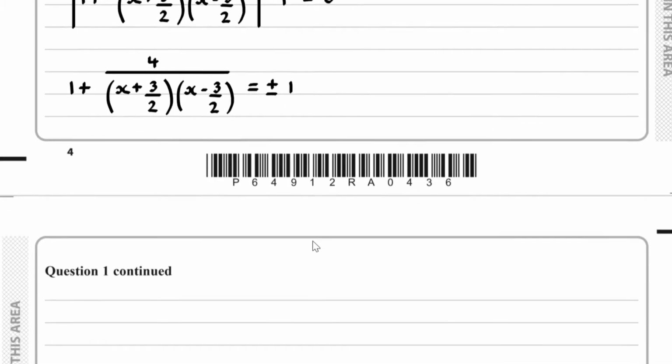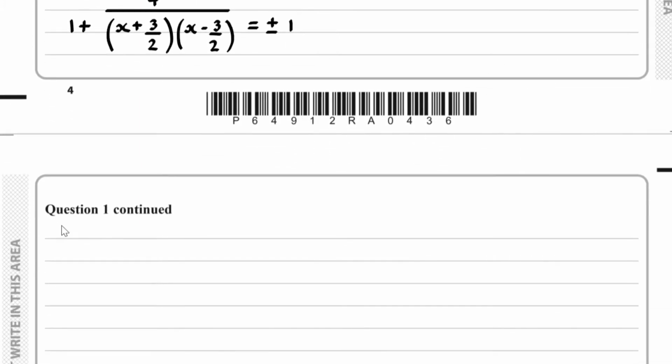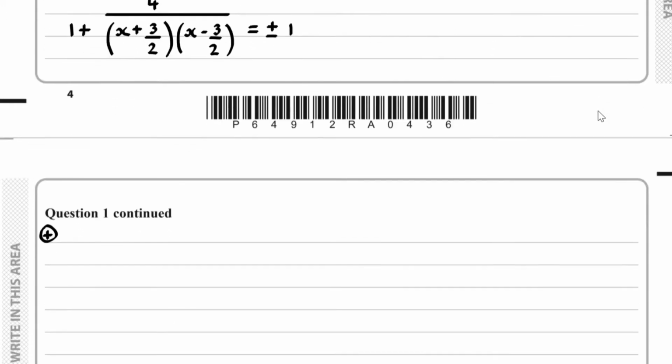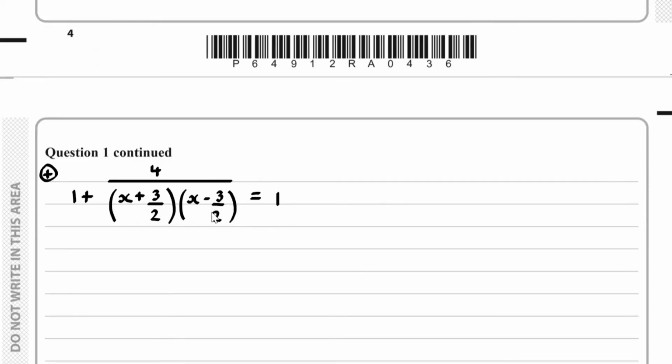And then if we deal with the positive solution, we would have 1 plus 4 over x plus 3 over 2 multiplied by x minus 3 over 2 equals 1. Now, these cancel out.